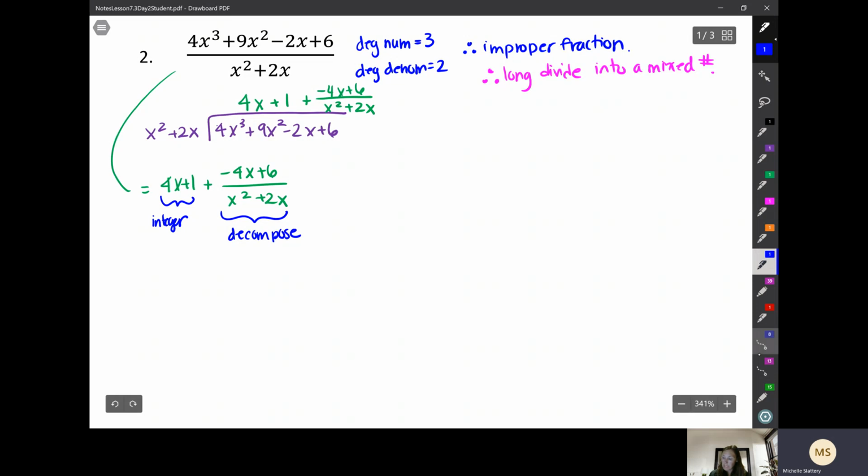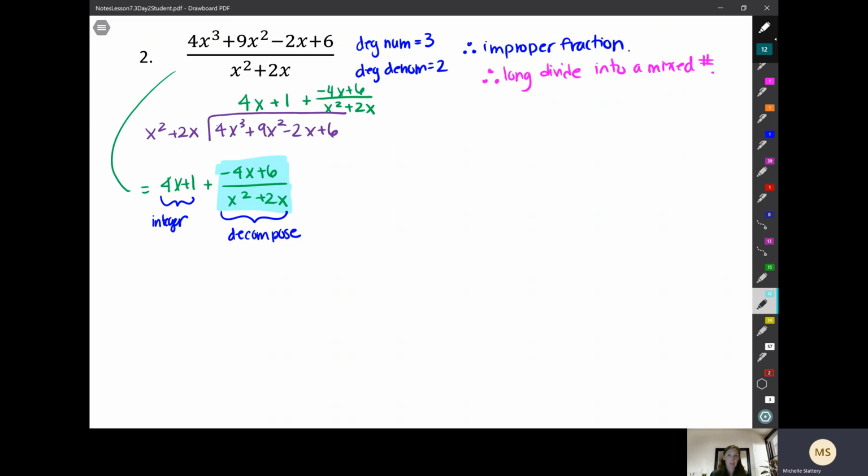Okay, so we're only taking that second part and we're going to decompose this second part right here. I'm just going to hang on to that 4x plus 1 for now, and decompose the second part. So let me just work on the right-hand side over here. Okay. So decomposing.